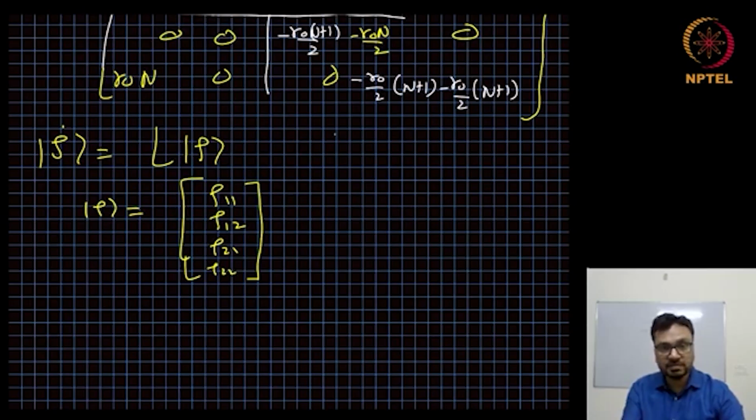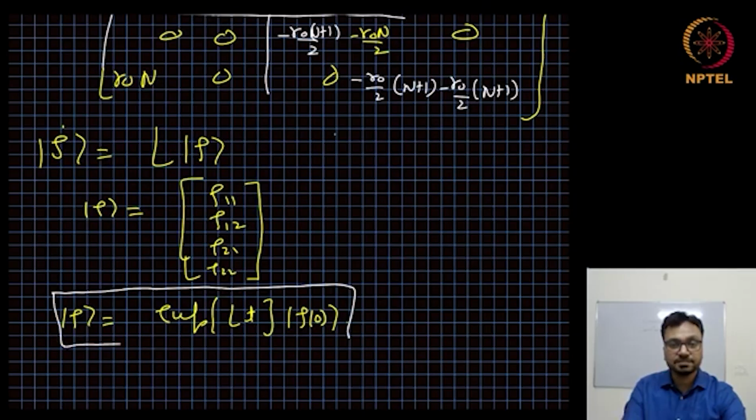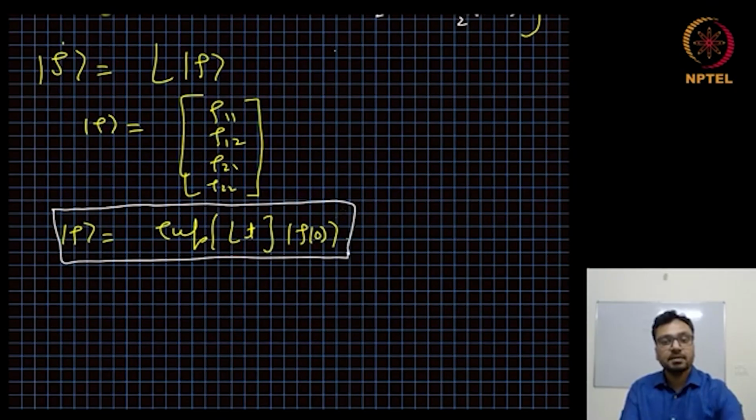This particular L is a time independent matrix, so our solution becomes exponential of Lt times rho of 0. So this is how we can solve the master equation of a two-level system interacting with a thermal bath. This is one way of solving the master equation. There is more than one way, of course.